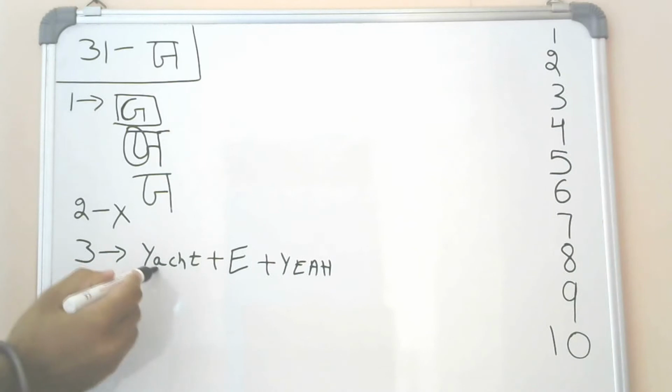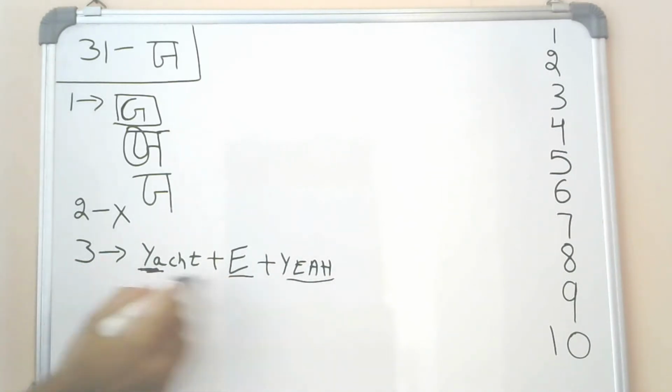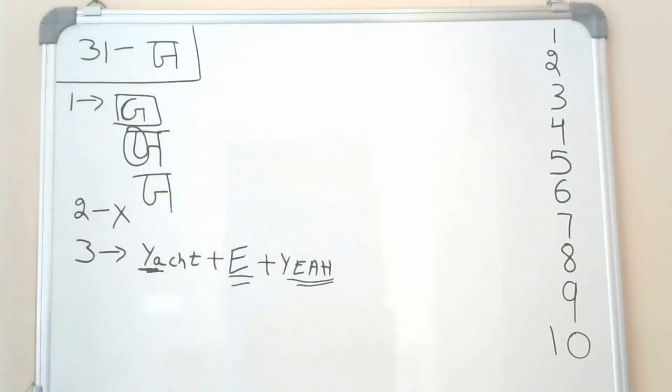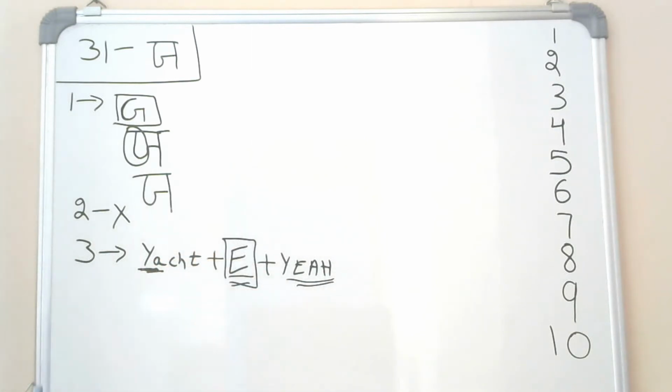Simple. Let me say it again. From yacht, we are going to get the sound of ya, and then E, like we say in English alphabets, and then ya. Yai, ya.